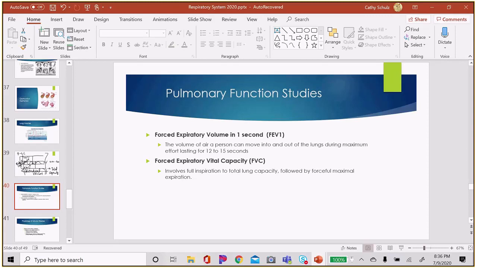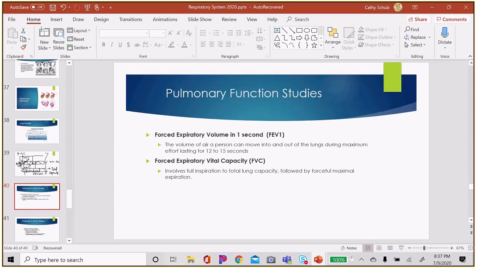First, the forced expiratory volume in 1 second: having the patient take a deep breath in and blow out as hard and as fast as they can over a second to see how much air they can move. Then forced vital capacity, which is the maximal forced expiration after they've taken a full breath in.